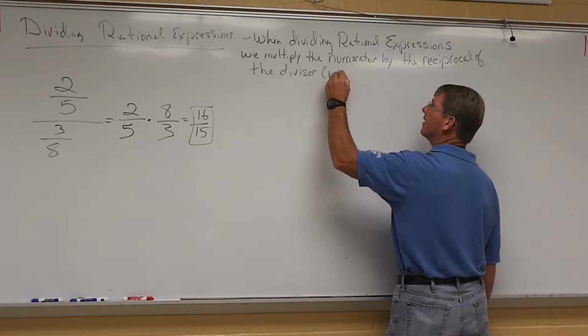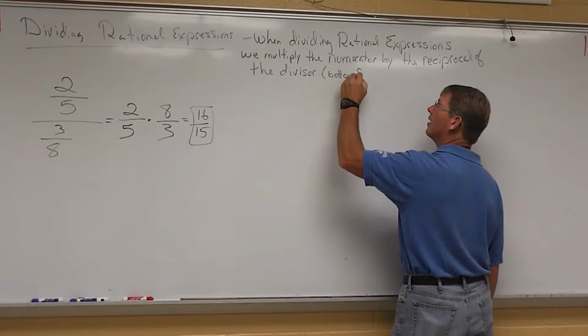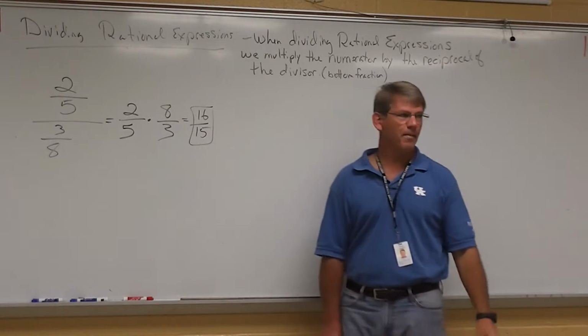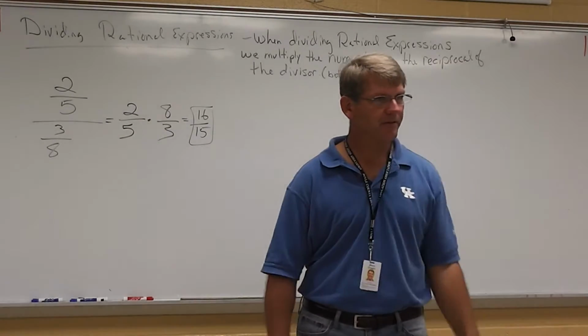We'll just put that. So you're going to multiply the top fraction by the reciprocal of the bottom fraction.